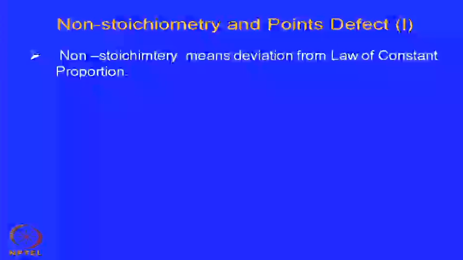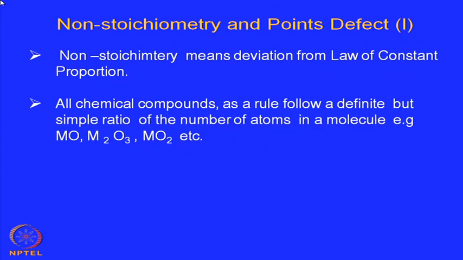For all compounds, ionic compounds in particular, there is always a definite ratio in which the metal and the oxygen are bonded together. That is normally not deviated, but whenever there are defects, that deviation does take place.